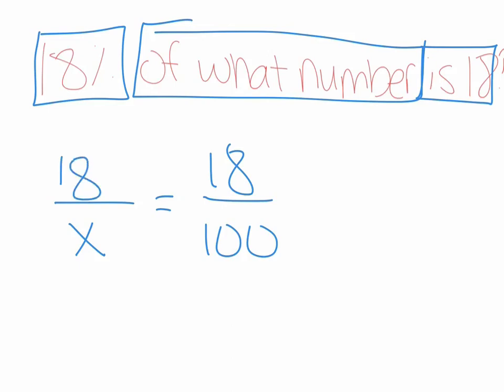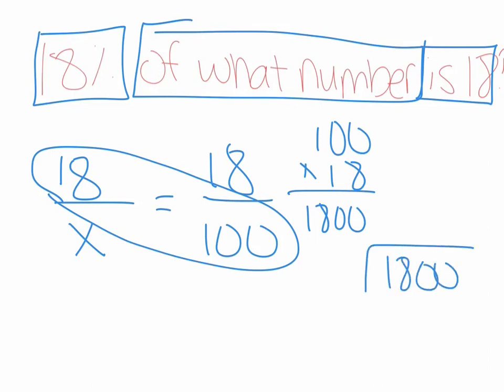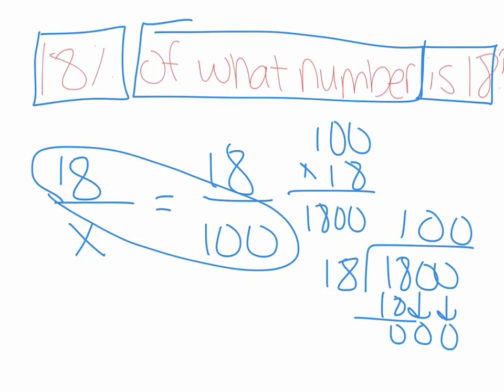And then our 18 is above it. So we're going to do it just like our proportions. 100 times 18 gives me 1800. 1800 divided by 18 gives me, bring down that 0, goes in 0 times. Bring down that 0, goes in 0 times. X equals 100.